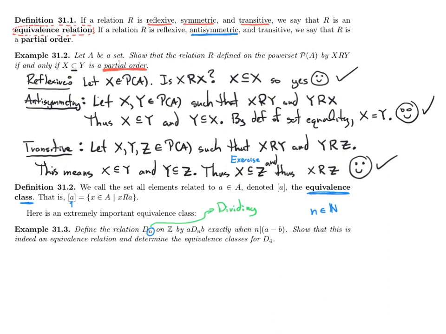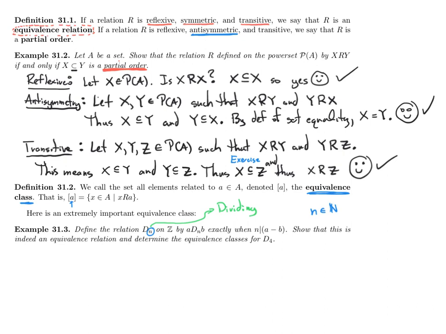So we have this relation D sub n for some n, and it's on the integers, so that is the set that our relation is defined over. And we say two integers, a and b, are related, so a D_n b, exactly when n is a factor of their difference, of a minus b.